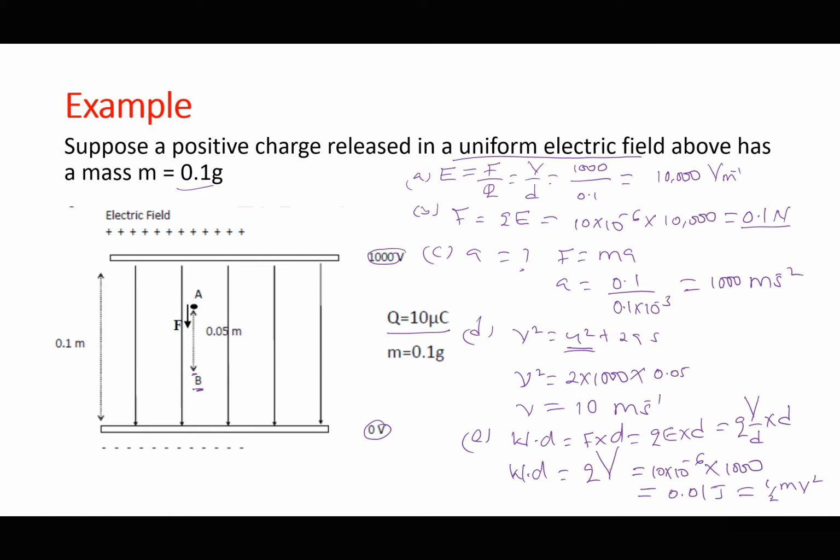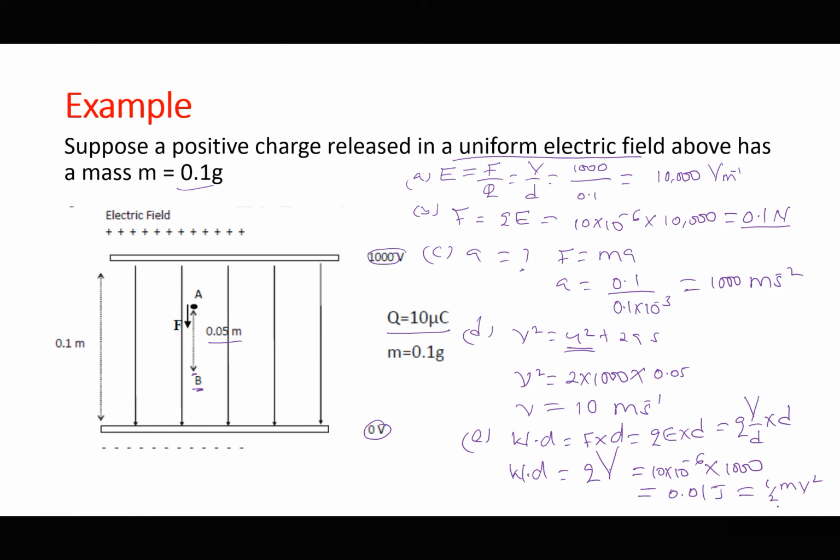We multiply this by 2, but also note that the distance here is 0.05. So you must think about that when you are calculating the work done. You just equate the work done to a half mv squared, and you'll be able to find the same speed. Let's try this and see.